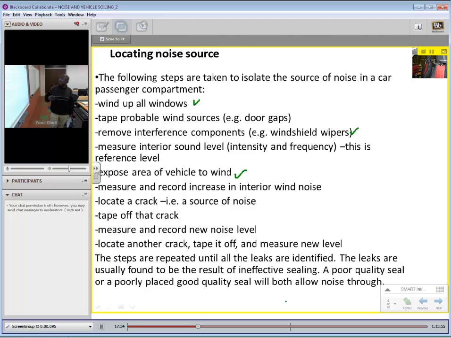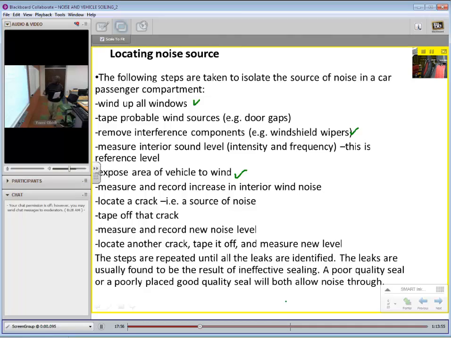That's how it's done step by step, with the noise level continuously recorded, and we measure the new level. This is repeated until all the leaks are identified, and the leaks are the result of ineffective sealing.